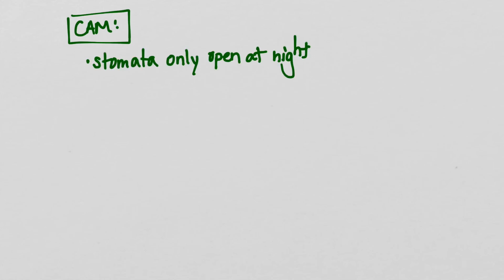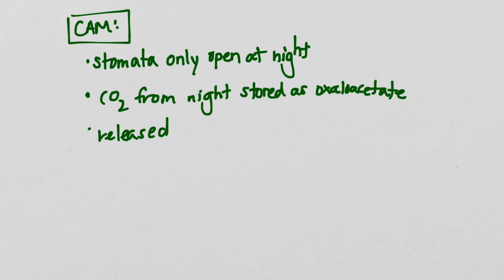And CAM plants are only going to open their stomata at night to let in carbon dioxide. This is because they're in a really hot climate, so they need to conserve as much of their water as possible. It'll take the carbon dioxide that it gets at night and store it in the 4-carbon molecule, oxaloacetate, and bank it at night. And then it will release the carbon dioxide to the Calvin cycle during the day.